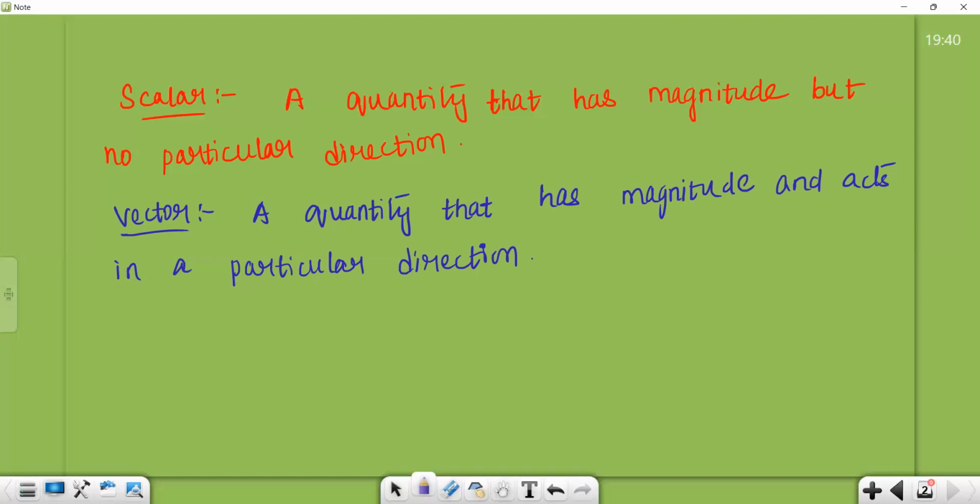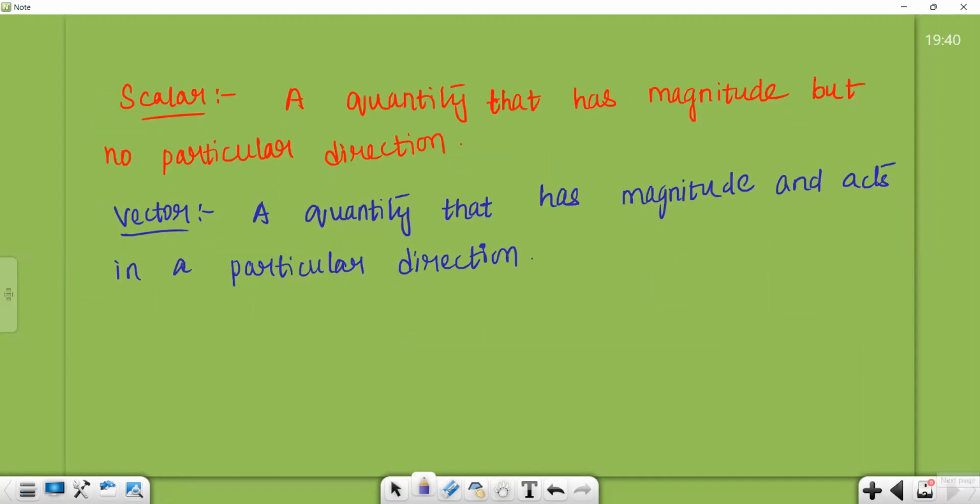The exact term we use in physics is magnitude. So a quantity that has maximum extent of size but no particular direction is scalar, and a quantity that has maximum extent of size as well as direction is vector. We have to use the terminology magnitude, which is nothing but the size of the object. Clear?